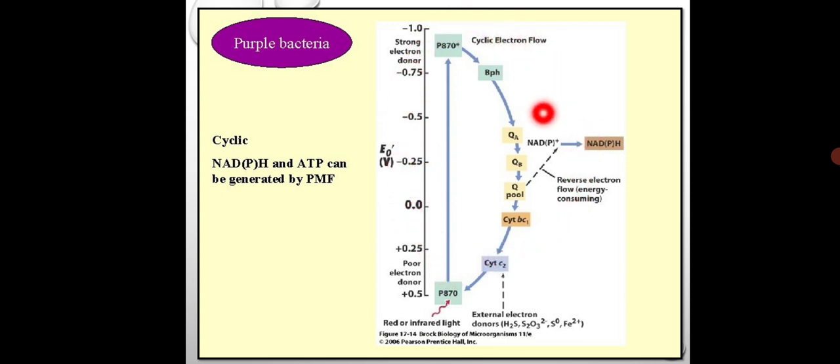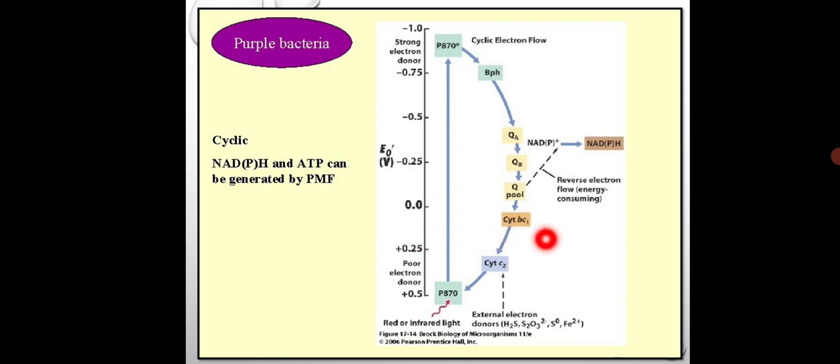As these electrons are moving, it generates a gradient. It generates a proton motive force of H plus, of protons, hence it is known as the proton motive force, which produces the ATP and NADPH.